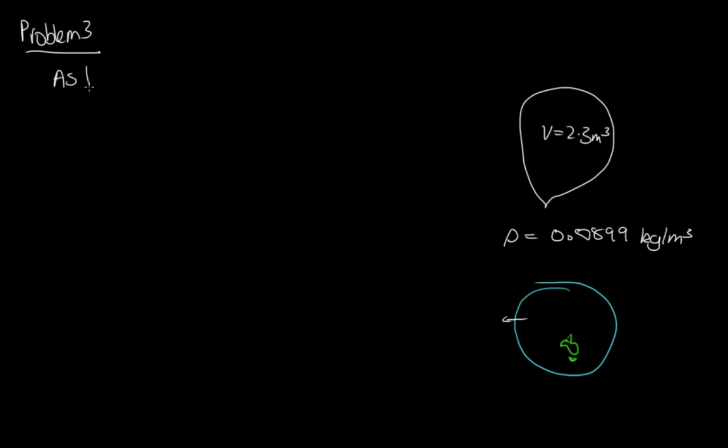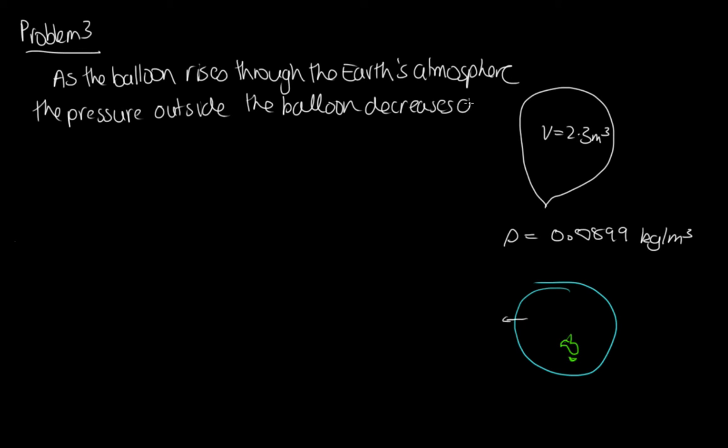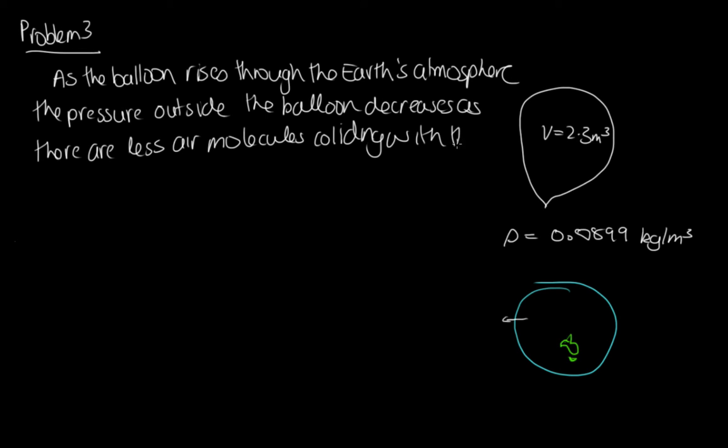So as the balloon rises through the Earth's atmosphere, the pressure outside the balloon decreases as there are less air molecules colliding with the sides of the balloon.